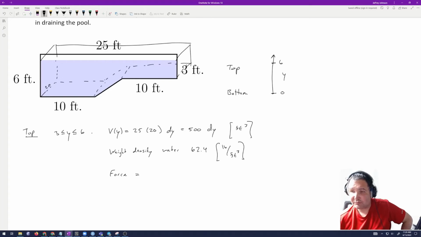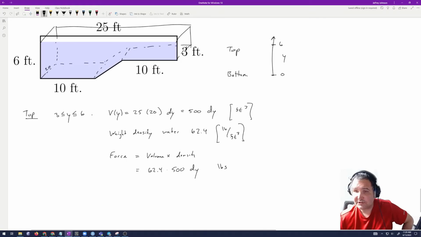You take the volume times the density, and that's a common formula. In our case, we get 62.4 times 500 dy, and the cubic feet cancel with the pounds per cubic foot, and we just get pounds. So there's our force, which is awesome.